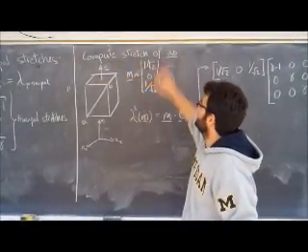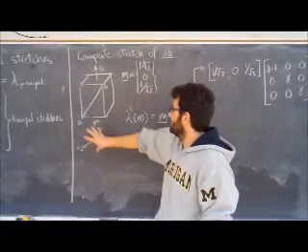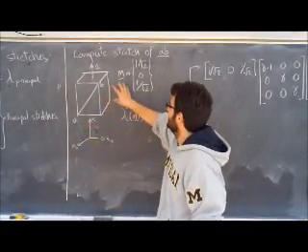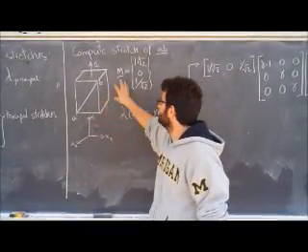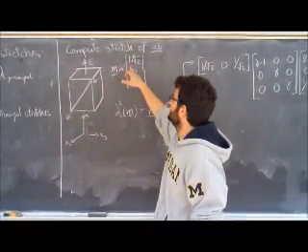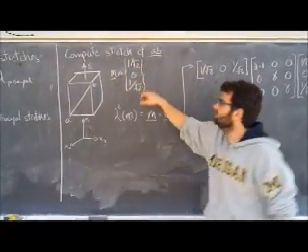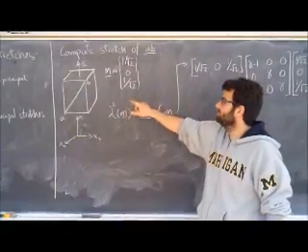Now, we have to compute the stretch of the line AB. Given our coordinate system, a unit vector in the direction of AB is going to be 1 over square root of 2, 0, 1 over square root of 2.